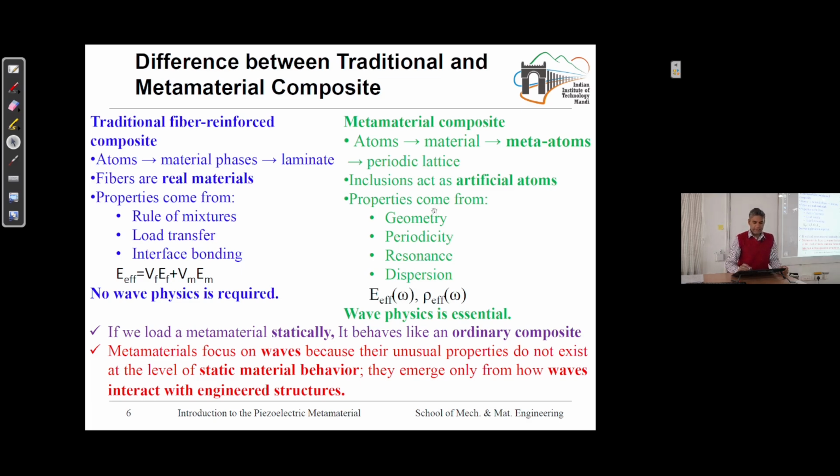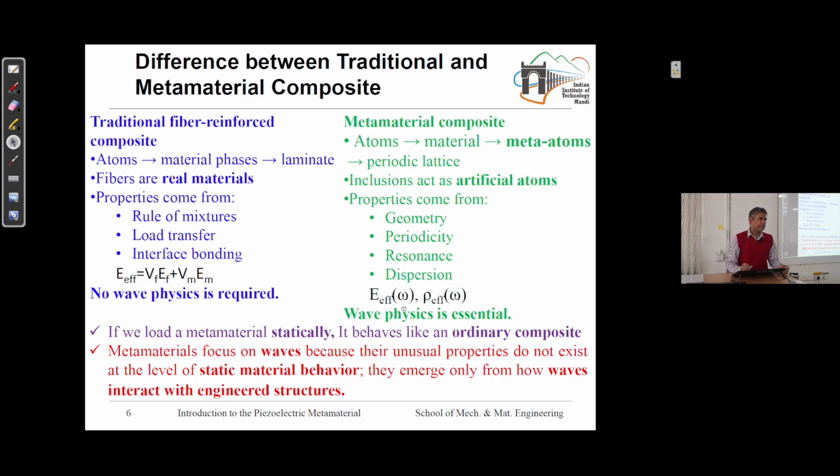These three properties decide the dispersion. So the property of a metamaterial depends on geometry, periodicity and resonance, or combined, the dispersion.